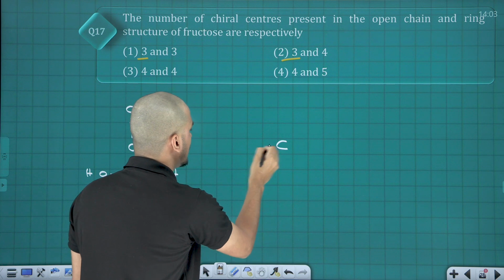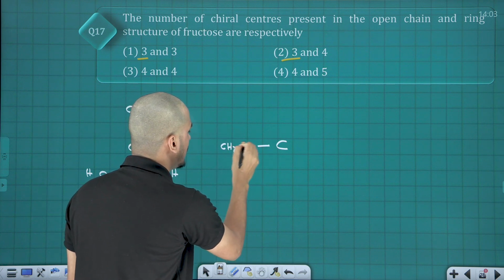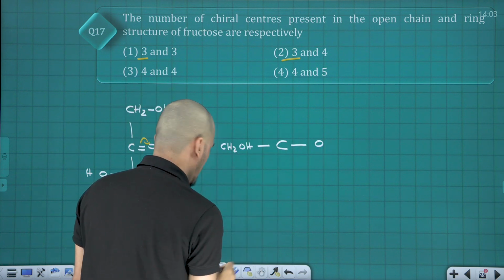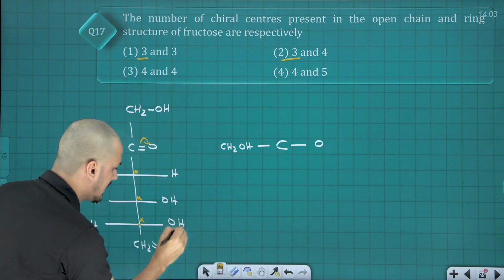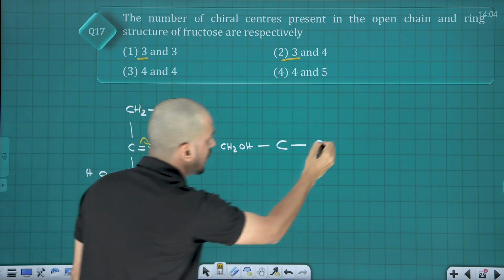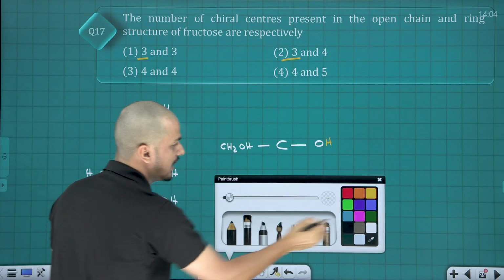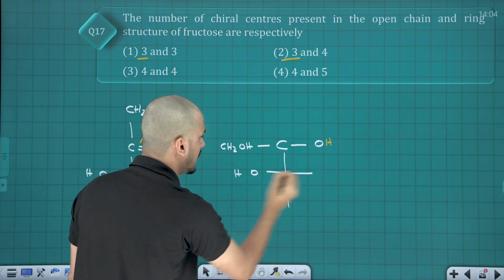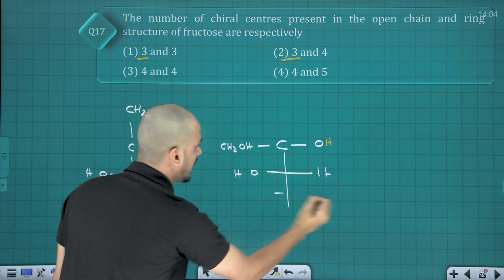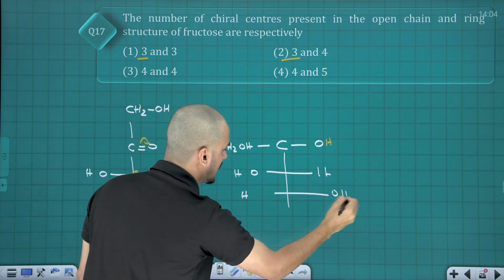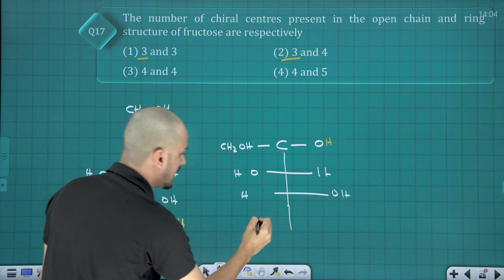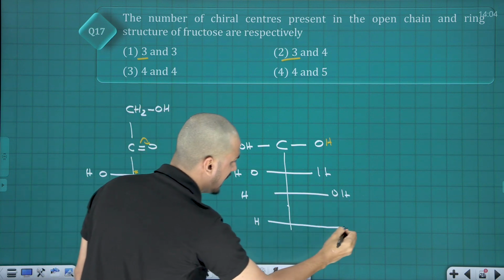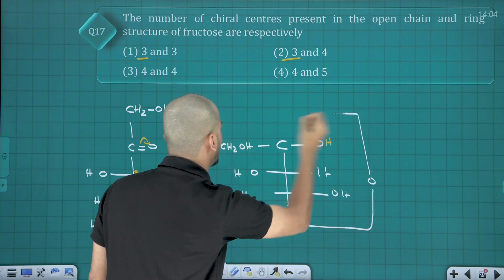See, here CH2OH, here CH2OH, here O, and this H. I am drawing this H along with it here. And this one is connecting with the remaining part. Here OH is there, here H is there, then H is there, OH is there, then here H, and this oxygen is connecting with this one.